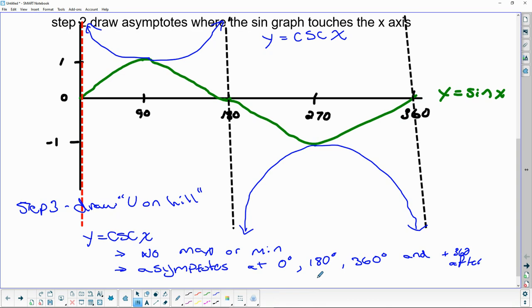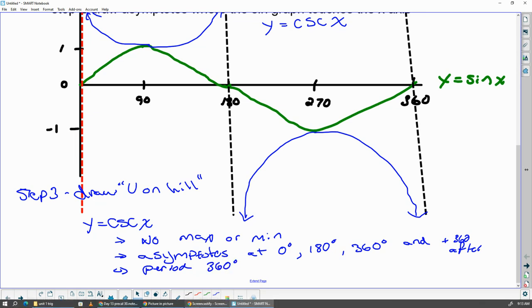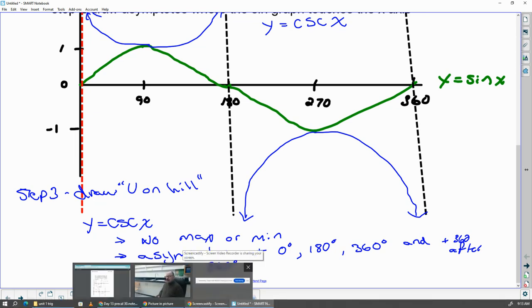The period is where it repeats itself. It repeats every 360 degrees because it's one up U and one down U: up U, down U, up U, down U. So the period is 360 degrees. Of course you could do it in radians and use 0, pi over 2, pi, 3 pi over 2, and 2 pi as well. So that's the first one.